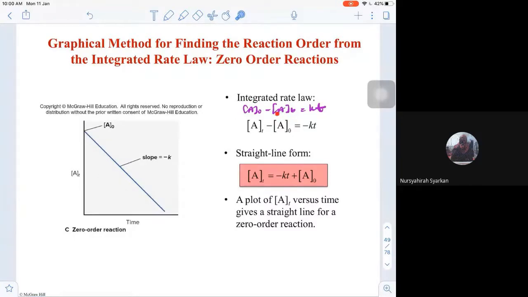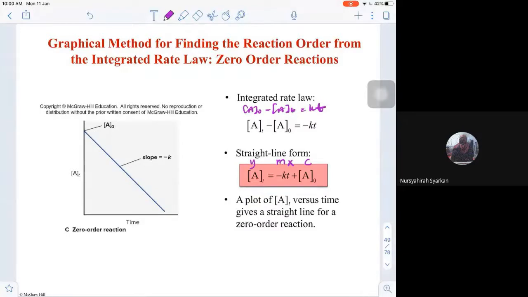So At changes, k is constant, t also changes. So A naught is our c, At is y, k is the gradient m, and t is x. So we rearrange this equation to achieve y equal to mx plus c, so that we will get At equal to negative k, t is the x, plus A naught is your c.